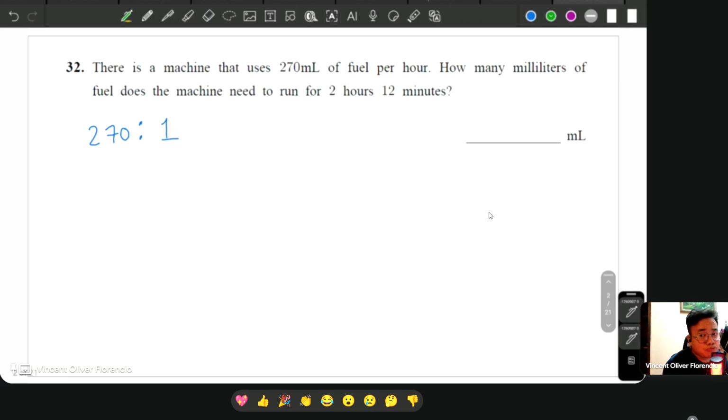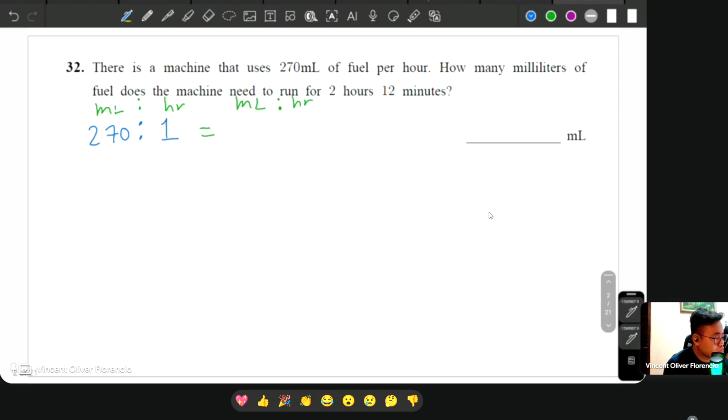By the way, we have to be consistent. This one is the amount of fuel in ml is to the number of hours. On the other pair, it should be the same format also: ml for the amount of fuel is to the number of hours.